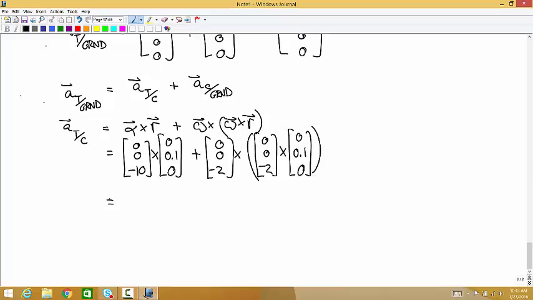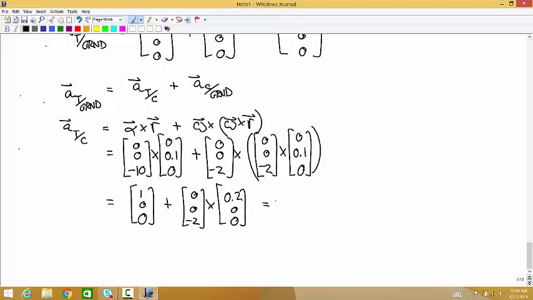And that is 1, 0, 0 plus 0, 0, -2 crossed with 0.2, 0, 0. And that is 0, -0.4, 0. So 1, -0.4, 0.